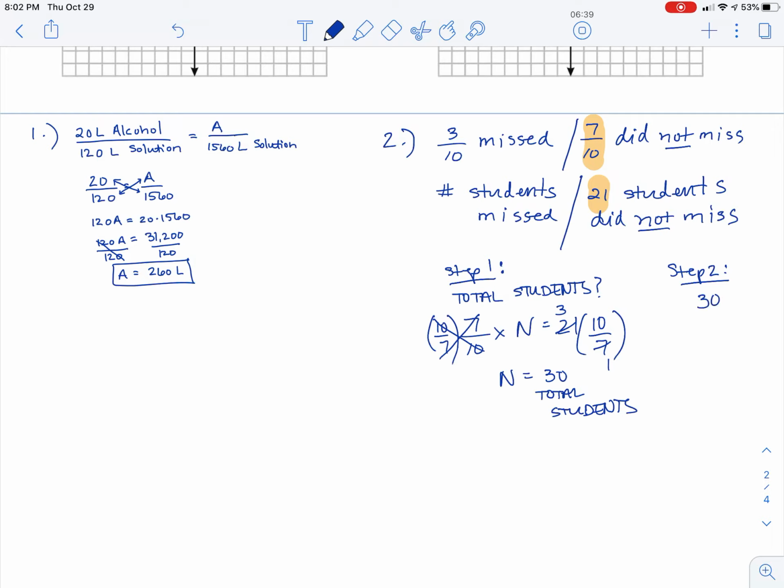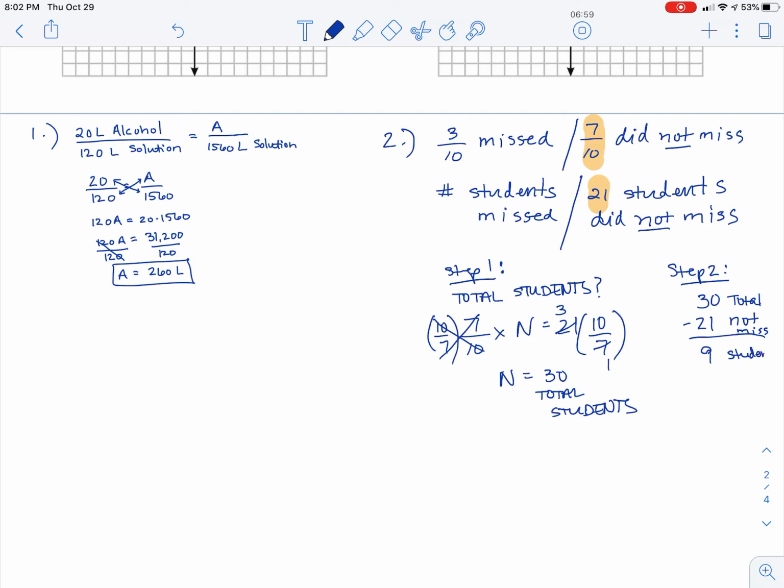we're going to take that 30 and subtract the 21 that did not miss. So look, we're taking our total students, subtracting out those who did not miss the demonstration, and that's going to give us the number who missed.